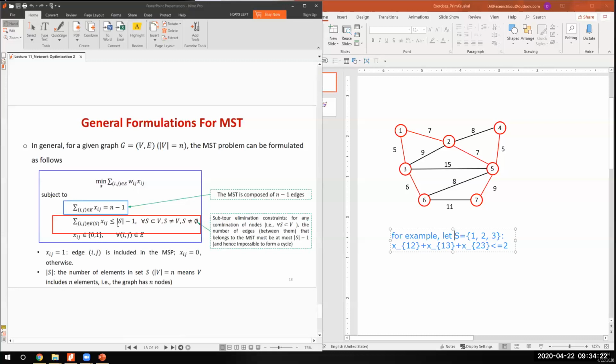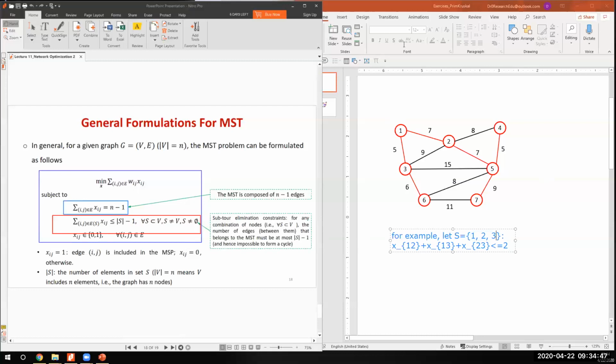And then how about the left-hand side? The left-hand side tells you that for any s, you're going to sum the edges in the subset of s equal to 1, 2, 3. And E_S means the edges in the subgraph composed in this subset.